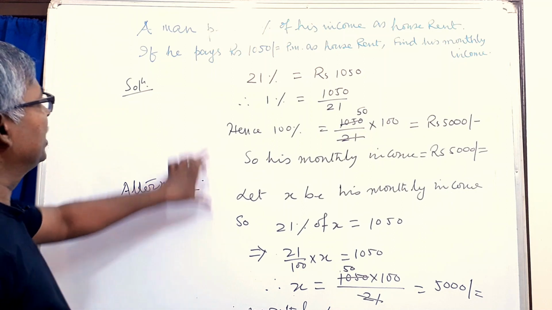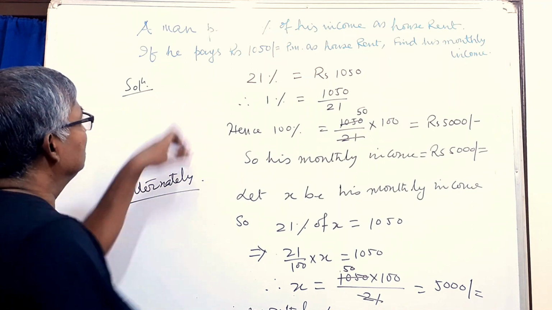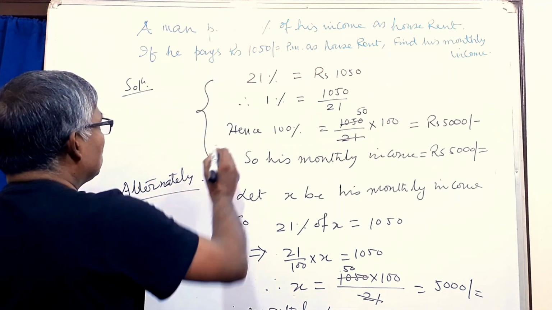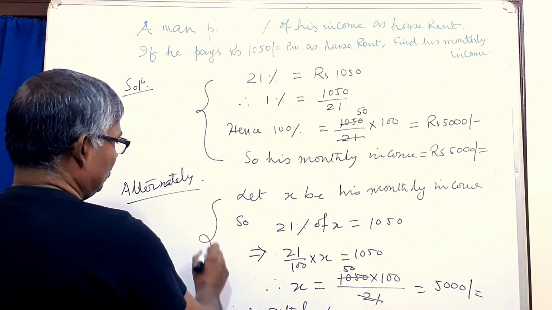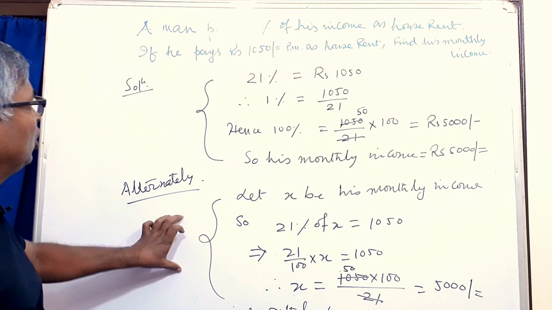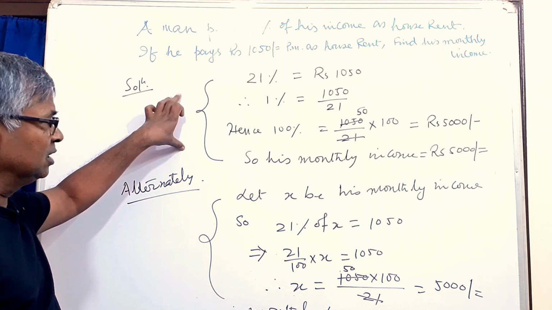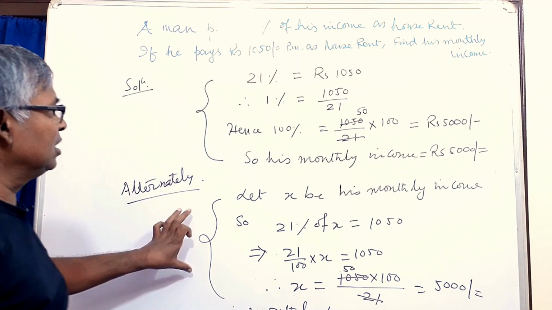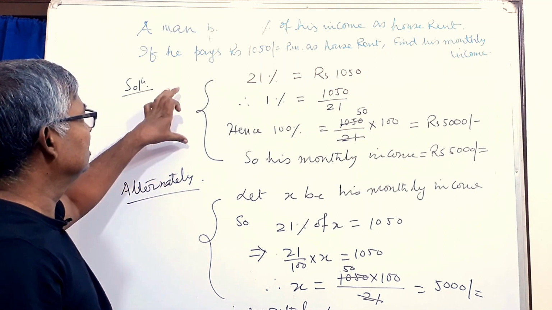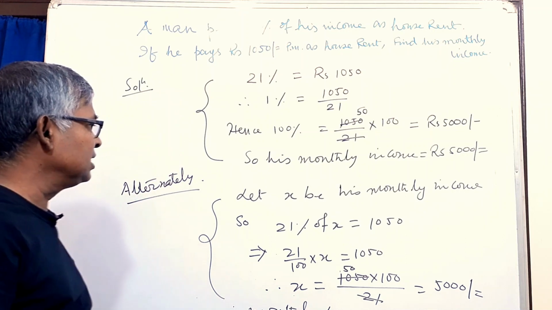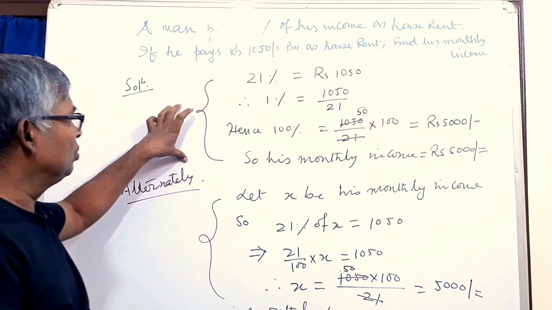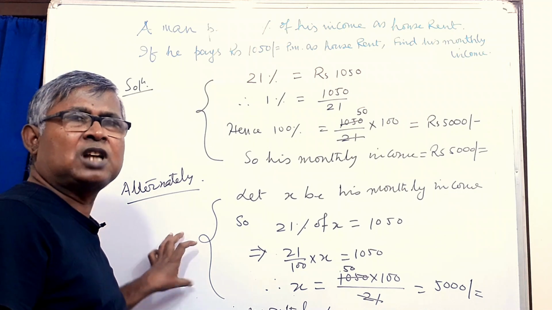Students, these two methods, here is method 1 and here is method 2. I think both the methods are very easy and you can select any of the methods, and I suggest you to follow both the methods simultaneously.